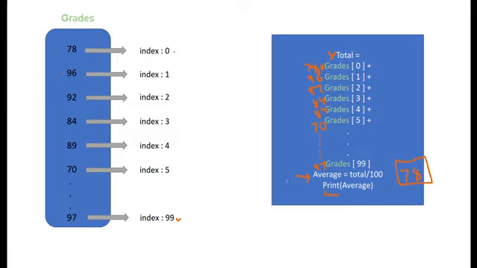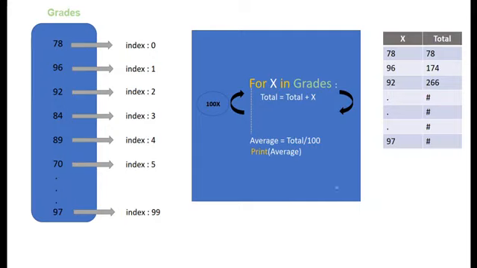To do that, we can use something that's called the for loop or the for statement. Now let's see how we can actually only write two simple statements to achieve the same result that we've gotten using the previous approach. So how do we do that?